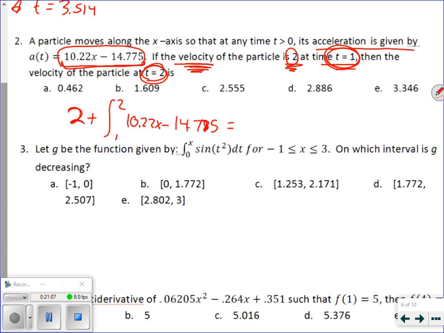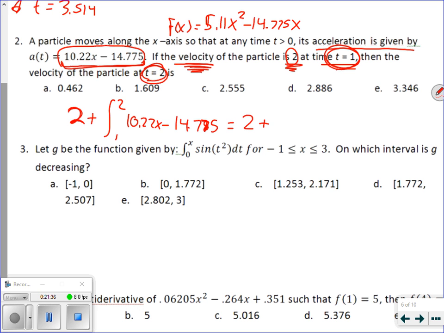This is going to be equal to 2 plus, and if I were to take the integral of this, I'll write it right here, capital F of x. It's a couple power rules. So if we add a power, it becomes a square, and divide by 2 becomes 5.11x squared minus 14.775x. That would be the antiderivative, because if you take that derivative, you're left with what you're starting.